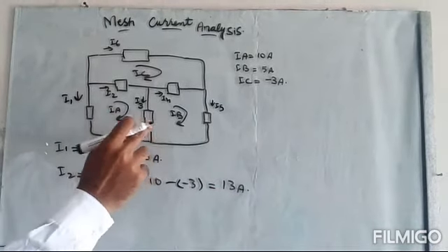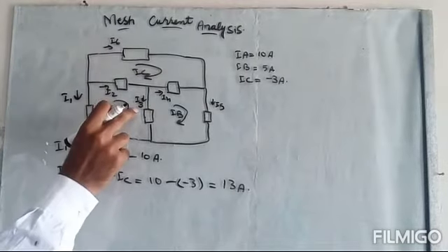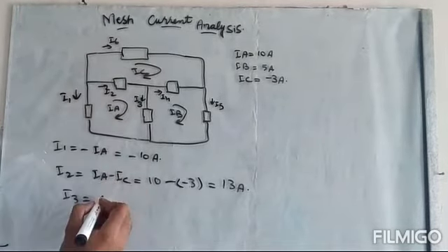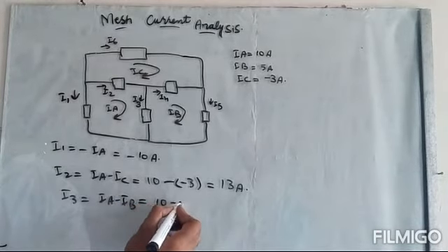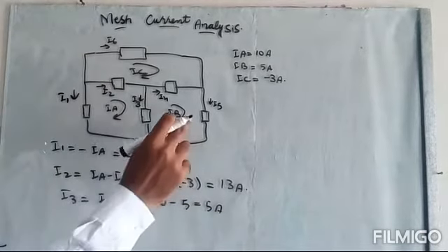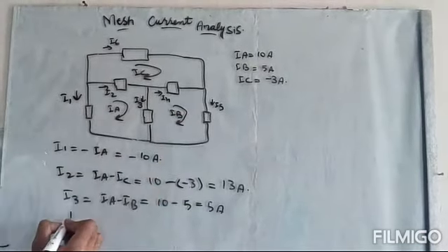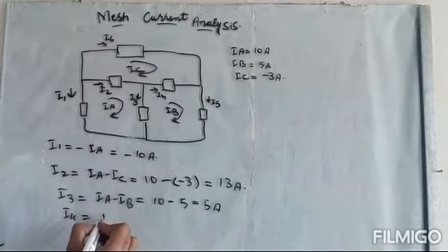I3 is also shared between two meshes, so I3 will be equal to, the direction of I3 is the same as IA, so it will be IA minus IB. IA is 10 and IB is 5 ampere, so it will be 5 ampere. I4 is also shared, so I4 is equal to IB minus IC.